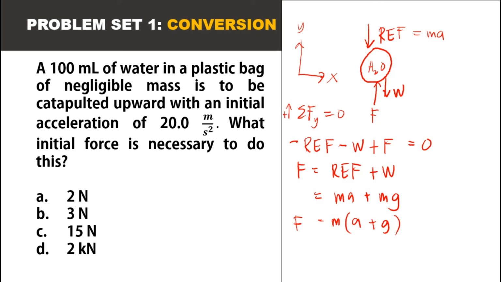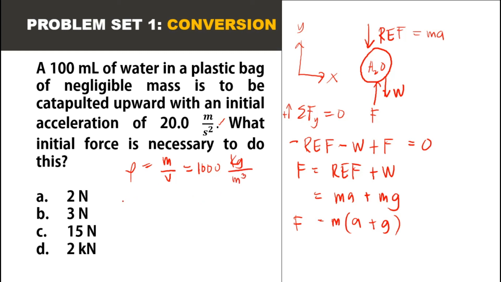And the acceleration of the plastic bag is given, 20 meters per second squared. We don't have the mass, but we can solve it using the density of water. The density is mass per unit of volume. The standard density of water is 1000 kilogram mass per cubic meter.